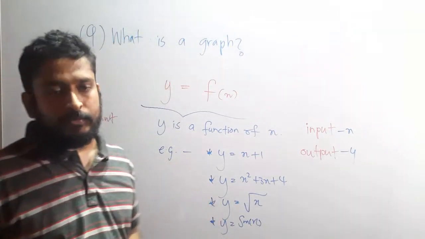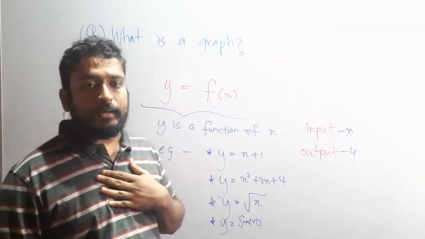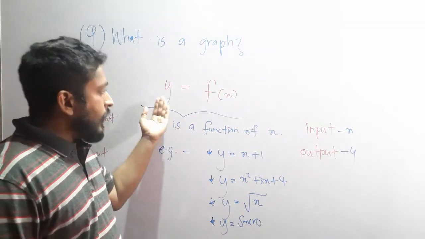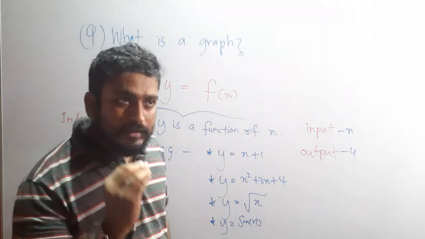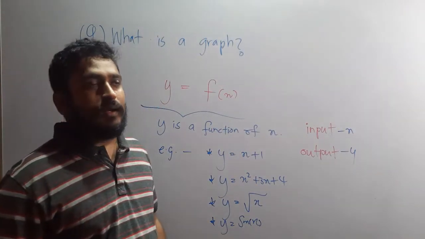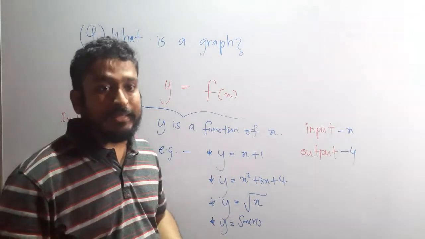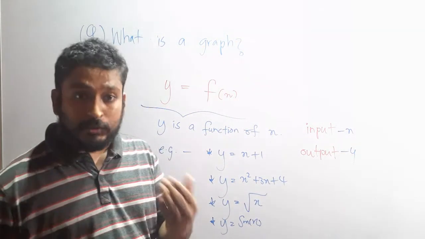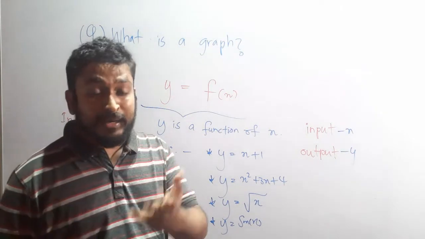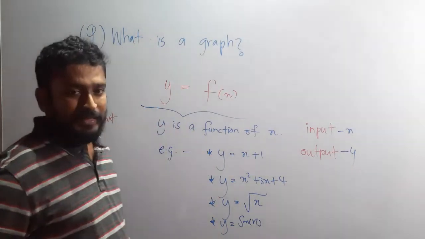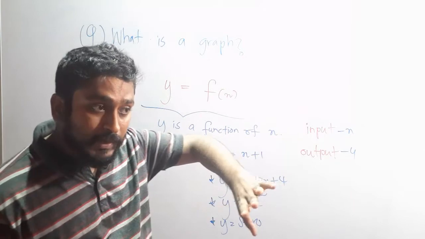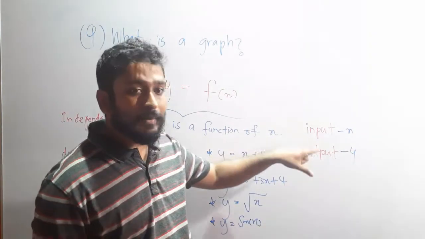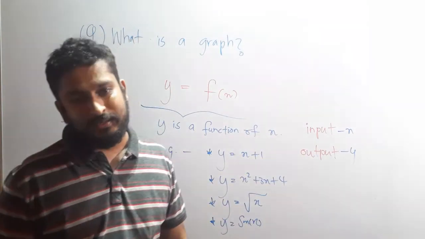When we are given the function y equals f(x), y is a function of x. The graph is simply the diagram which gives you the relationship between x and y. The graph is, for a function, the relationship between the input variable and the output variable.